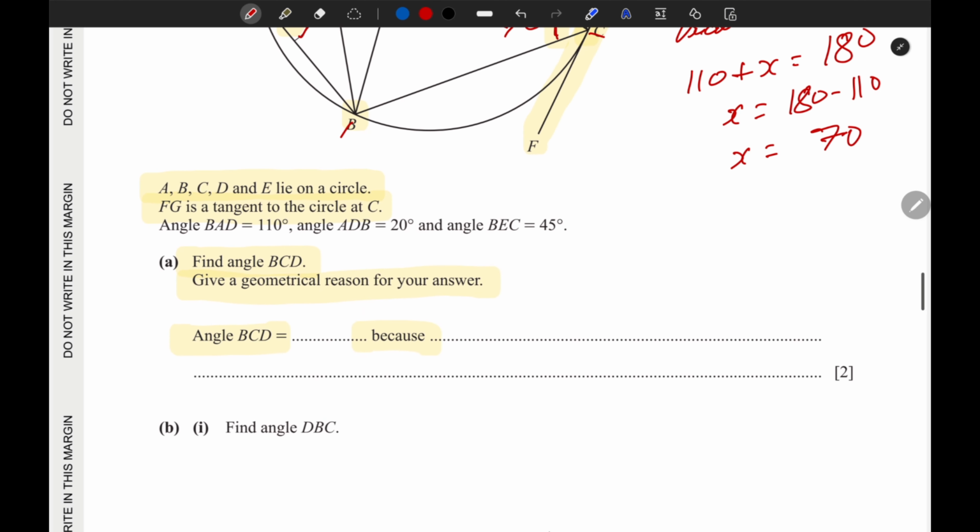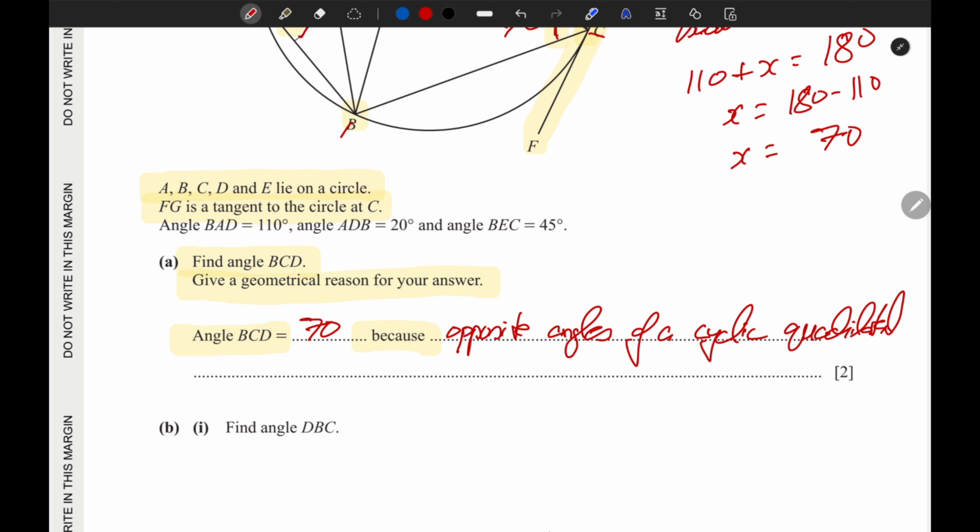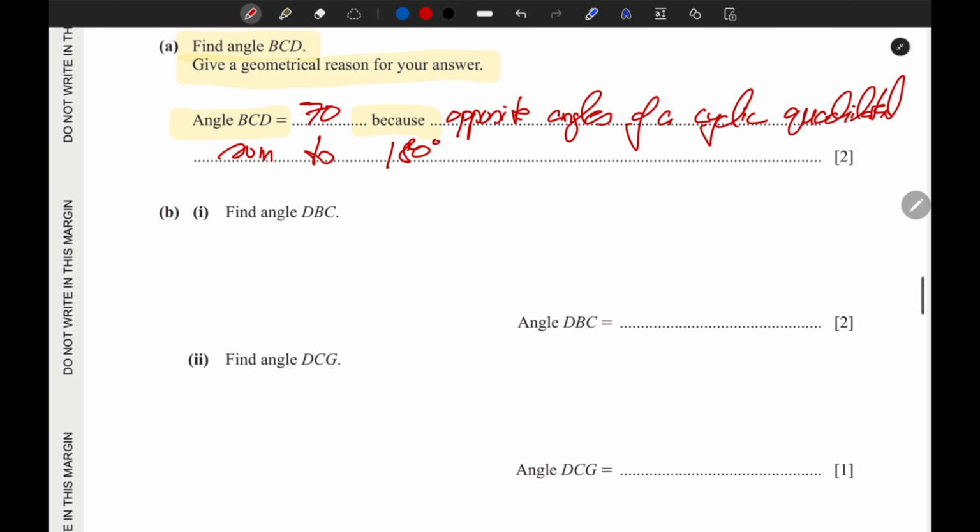So the angle BCD is 70. And because opposite angles of a cyclic quadrilateral sum to 180 degree.